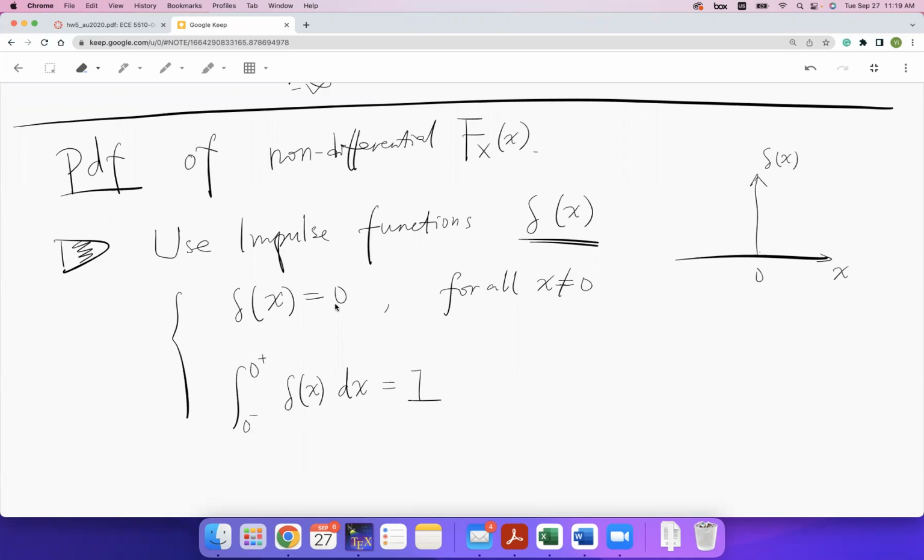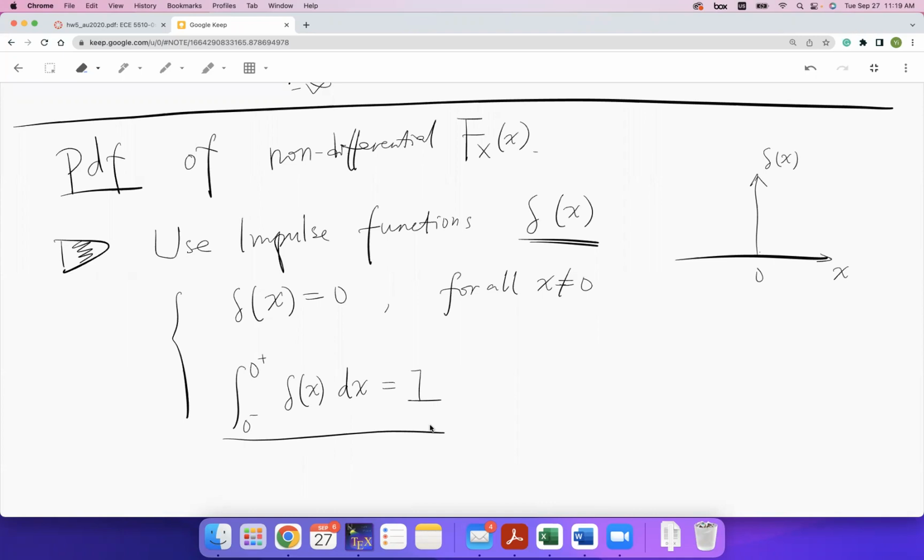Because it is 0 everywhere else, we just need to restrict the integration to be around 0. By taking the integration around 0, the integration equals 1. This indicates that at this 0 point, the amplitude of this impulse must be infinity, and that infinity is controlled in some way to guarantee that the entire integration eventually accumulates to 1.